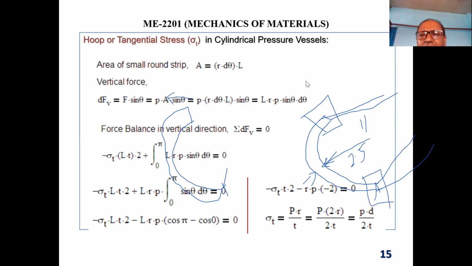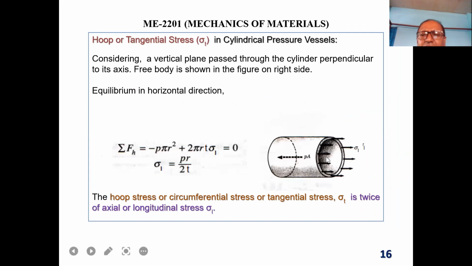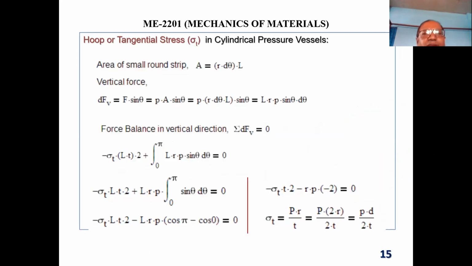For that reason, what need to do, sometime, it is better to make, instead of using the huge thickness, you can use 2 cylinder. You have 1 cylinder, you have this one inside.